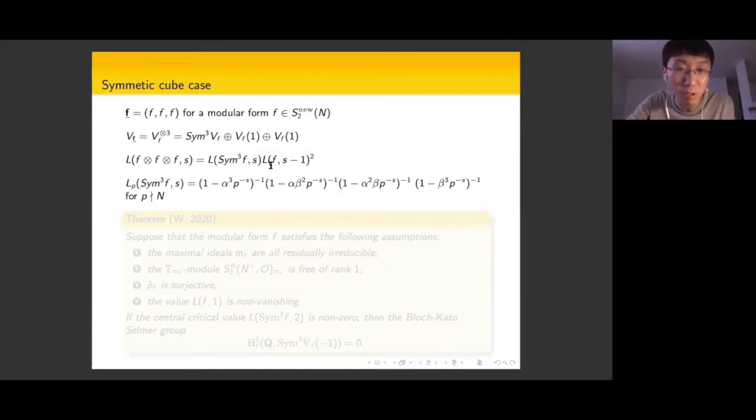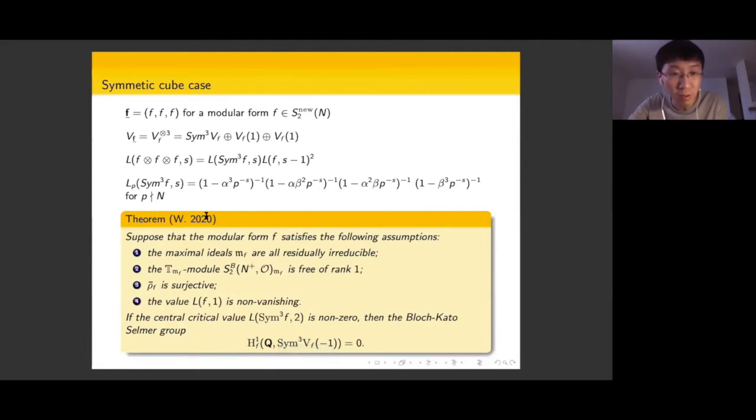You actually have two copies of the L-function for F itself. So I briefly remind you, the symmetric cube L-function at a good prime, the Euler factor of the symmetric cube L-function for a good prime is given by this degree 4 term, where alpha and beta are again the roots of the Hecke polynomial for F. Okay, so what I can prove is the following theorem.